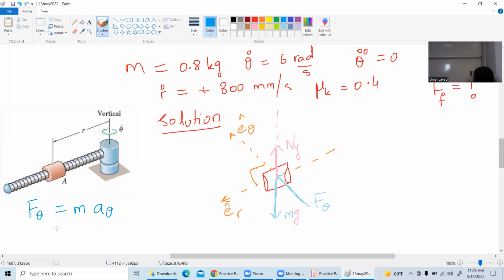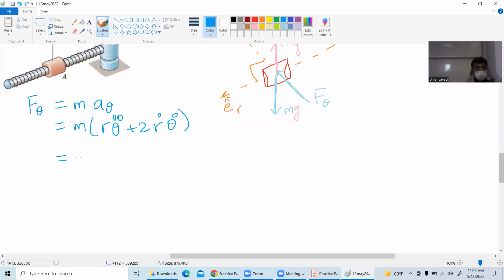F theta is equal to ma theta, which is equal to m times R theta double dot plus 2 R dot theta dot. R theta double dot is 0 plus 2 multiplied by R dot, which is 800 by 1000, multiplied by theta dot, which is 6 radians per second.